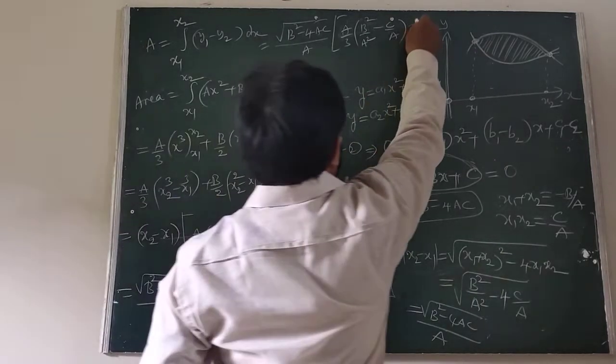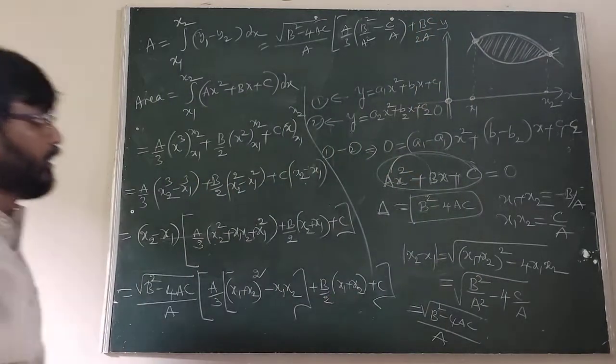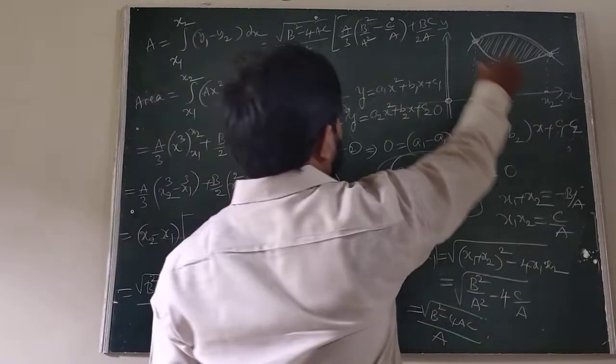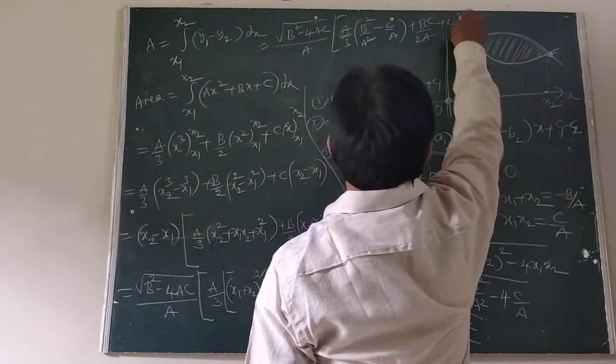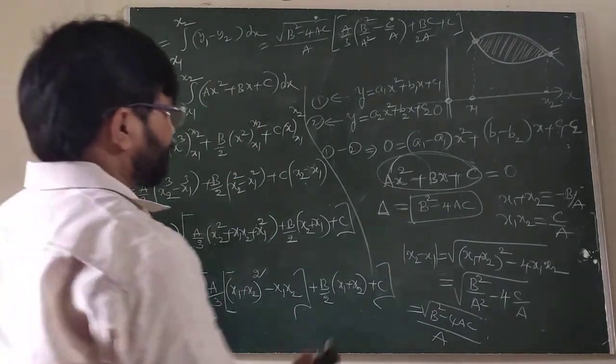Then this is bc by 2a. Finally there is c. All of you listen here how to solve this one.